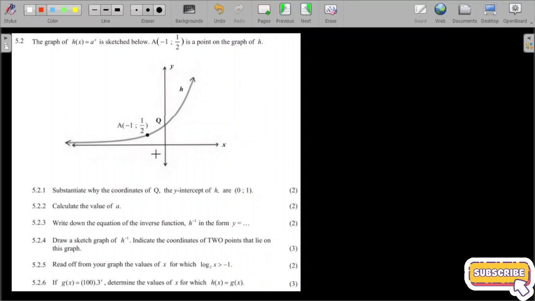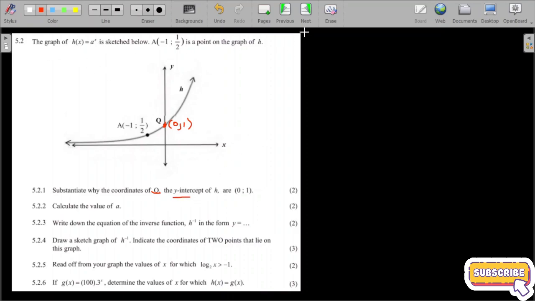5.2.1 says let's substantiate why the coordinate of Q, which is this coordinate here, the y-intercept, is 0 maps to 1. So this point is 0 maps to 1. They're asking us to substantiate that. What we know is there is a y-intercept here.